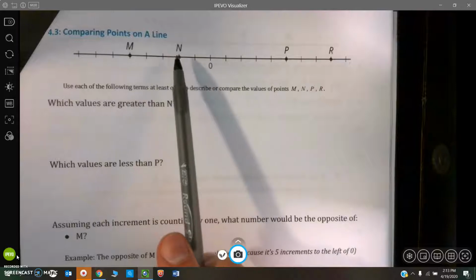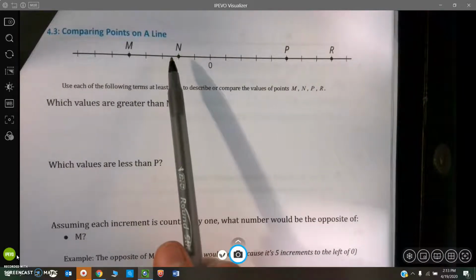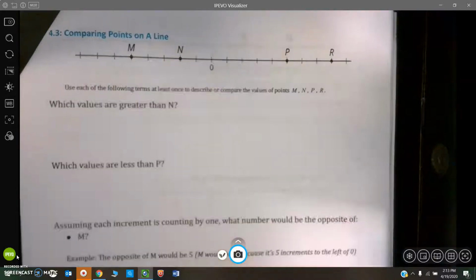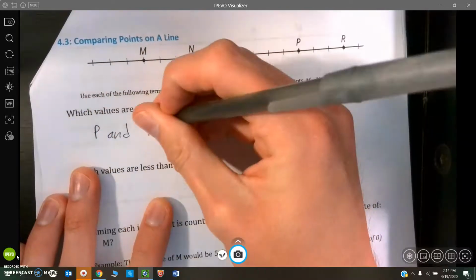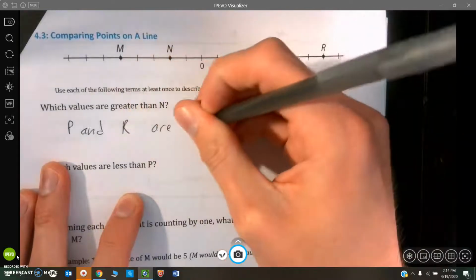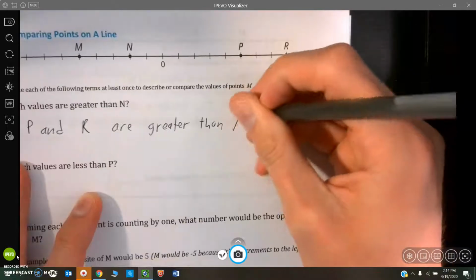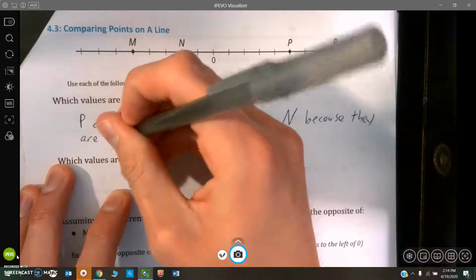So here's N. And once again, how do we know that a number is larger than another when looking at a number line? Anything to the right of that number is larger. So P and R are greater than N because they are to the right of it.